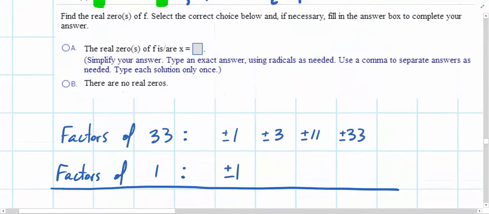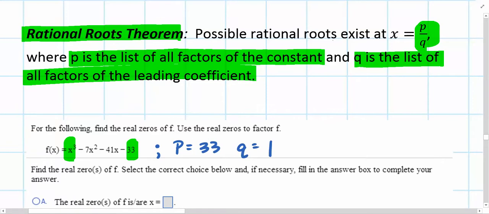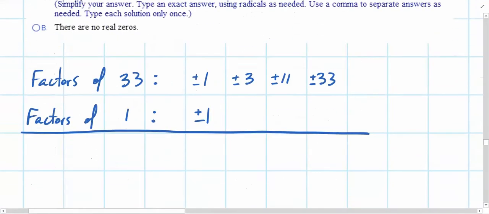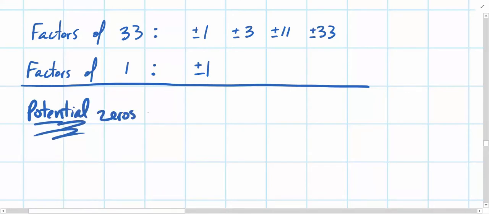So where do we go from here? Well, don't forget that the rational roots theorem says possible rational roots exist at p divided by q, where p is the list of all factors of the constant, and q is the list of all factors of the leading coefficient. So our potential, and I have to stress the word potential here, all potential zeros occur at the result when I divide every factor of p by every factor of q.